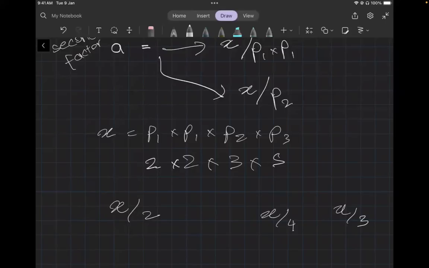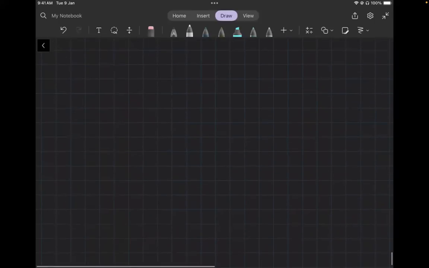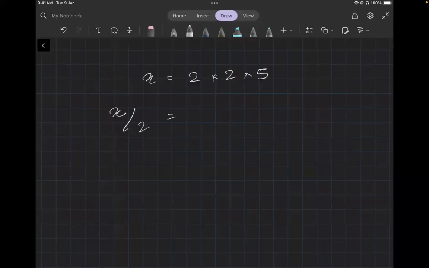Now, why do I say that x divided by p1 into p1 is a possibility? Think about this possible case where x is 2 into 2 into 5. The largest factor here is x divided by 2, which is 20 divided by 2, which is 10.